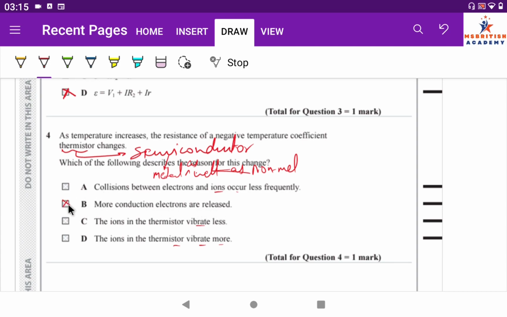B will be the correct answer, because as you increase the temperature, free electrons will increase, and as the free electrons increase, the resistance changes. That's why the resistance changes.